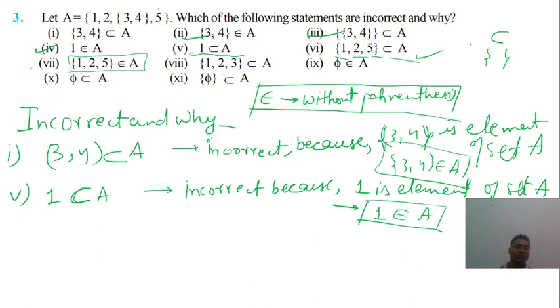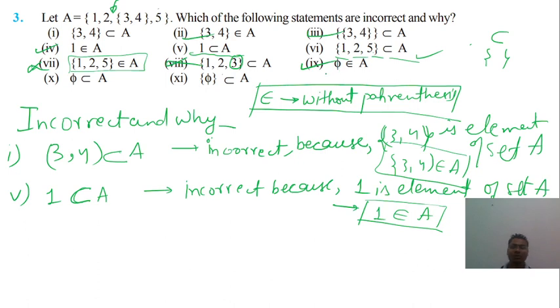So this statement is again going to be a false one, incorrect. And going to question number 8, again 1, 2, 3: 3 is not actually present inside, so this is again false. Coming to question number 9, is 5 an element? Okay, this is right actually.